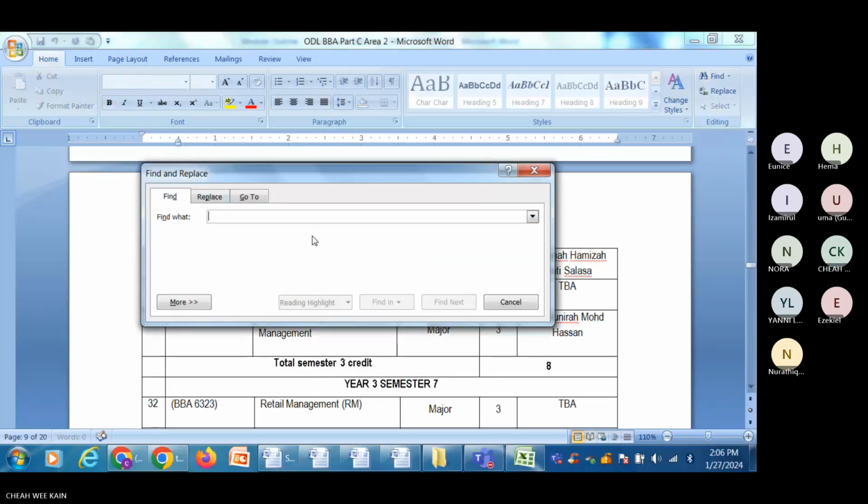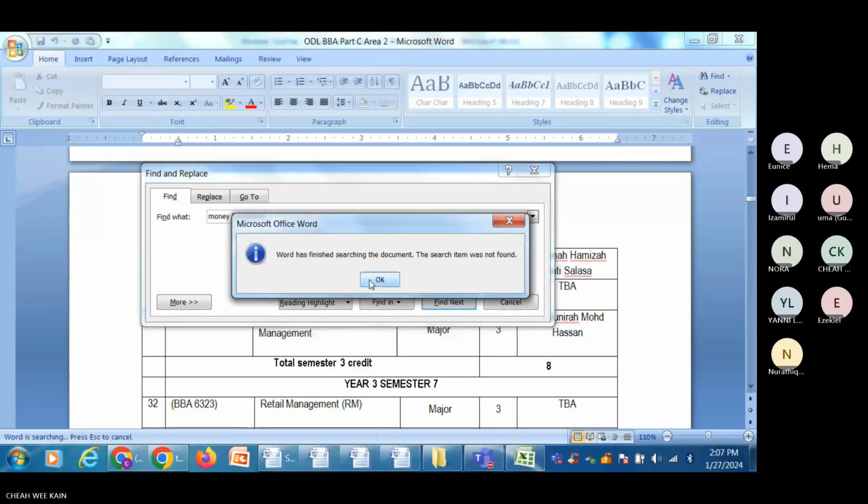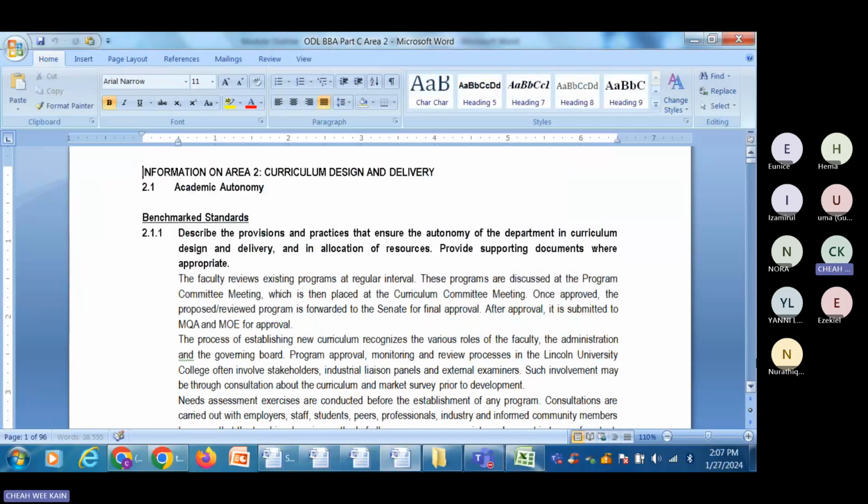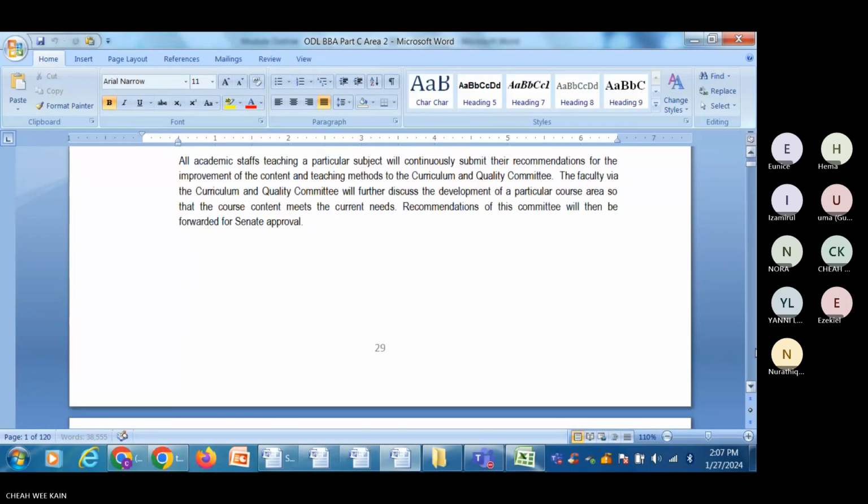Wait, we don't have money and banking here.